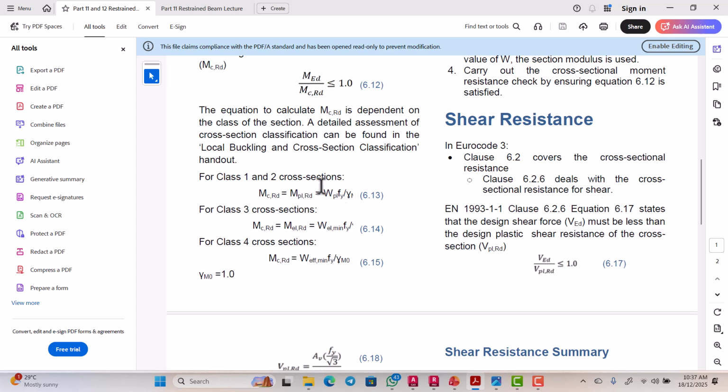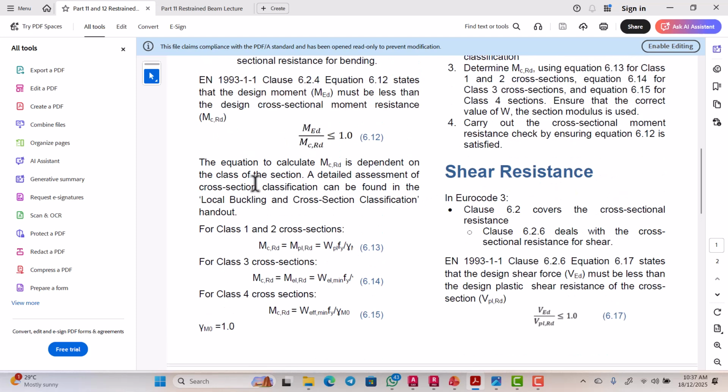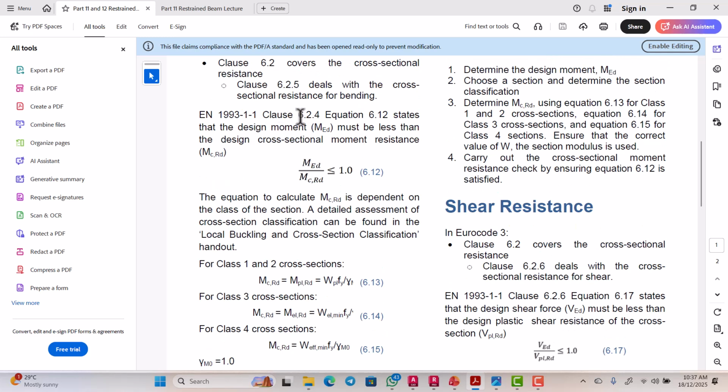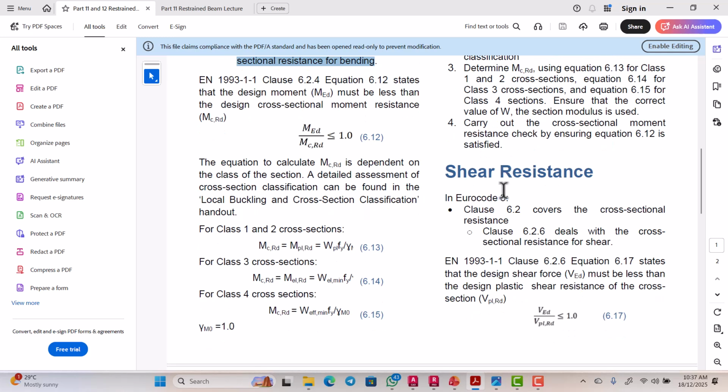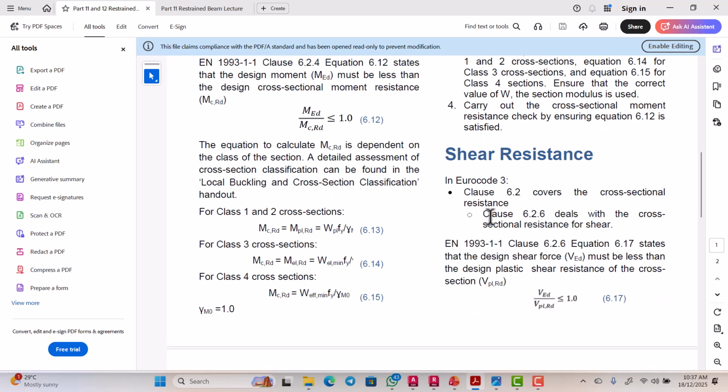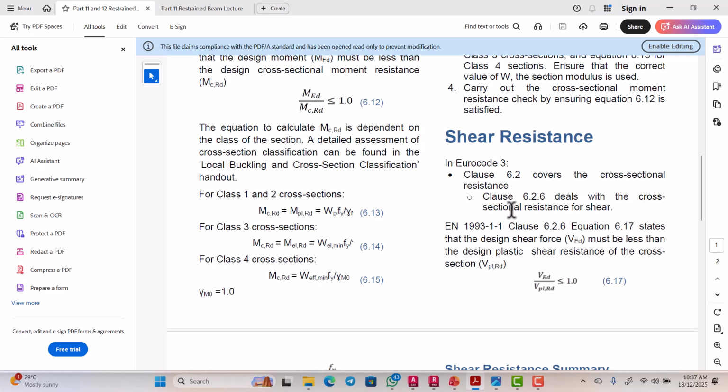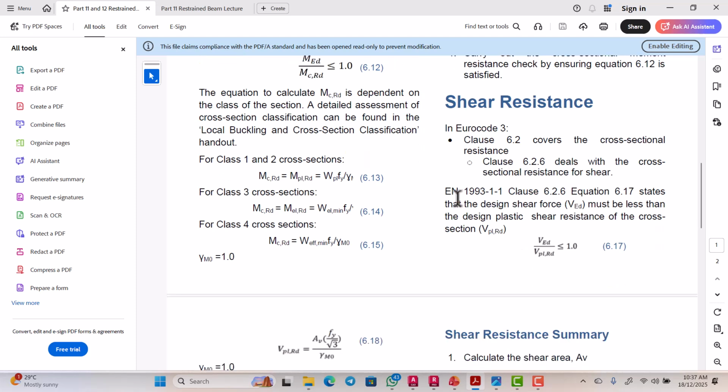Remember that clause 6.2.5 deals with the cross-sectional resistance for bending. Take note of this. This is for bending, and this is for shear.